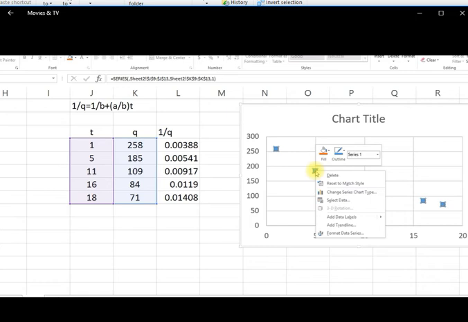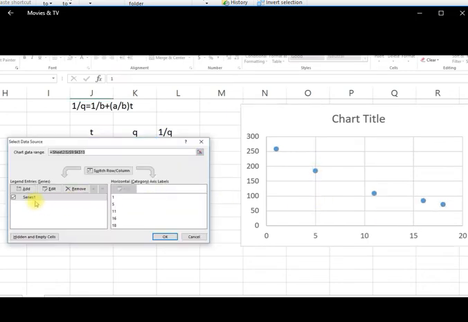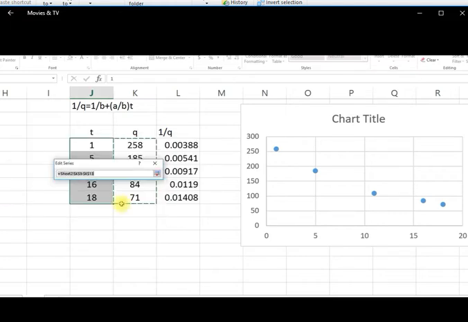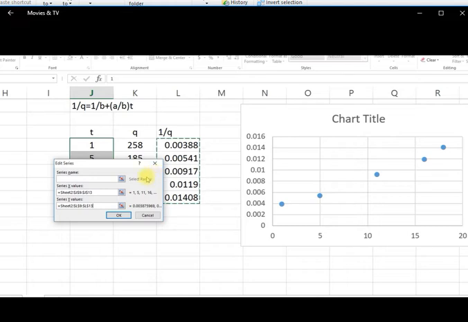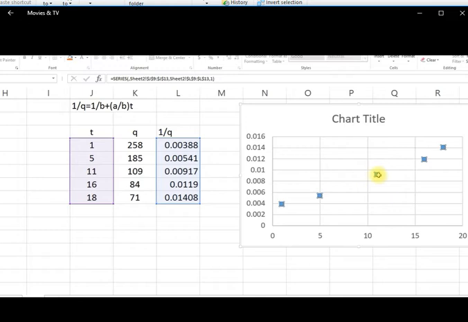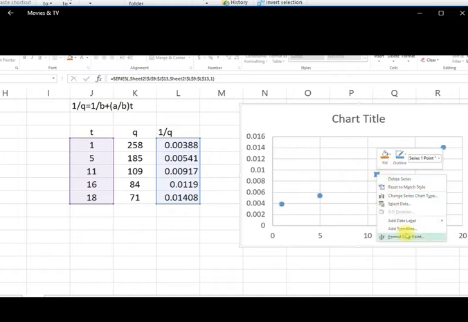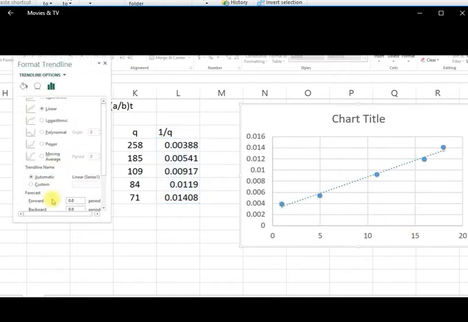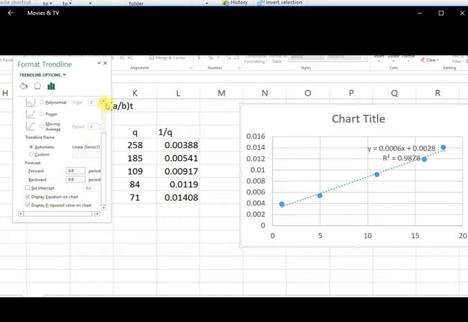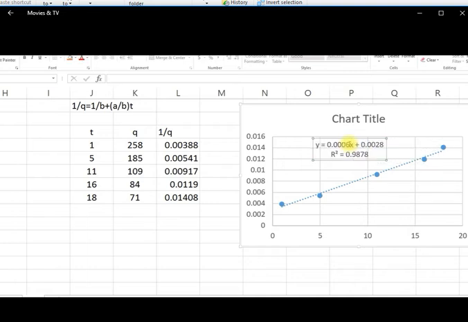If I change the plot, let me edit this one and use this in terms of q, and t is the same. Yes, you can see this is linear, and if we fit a trend line, we can get R square right away.